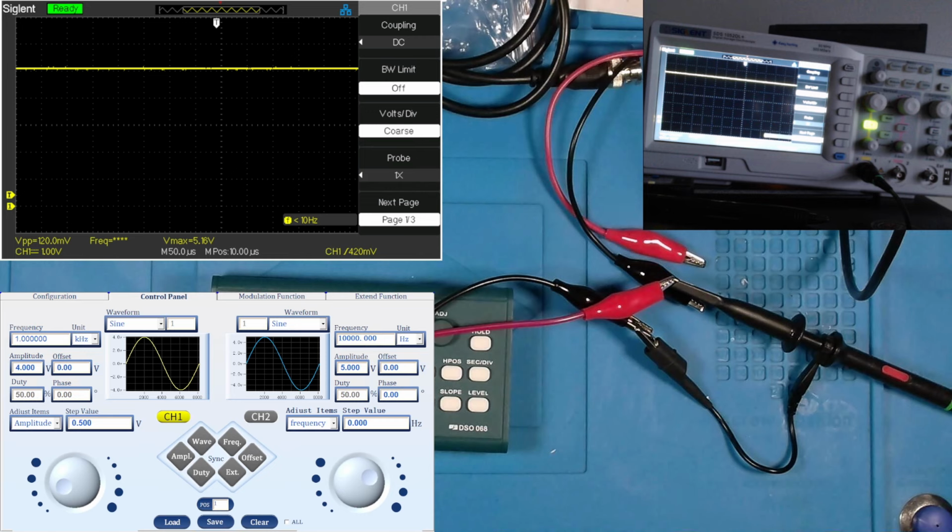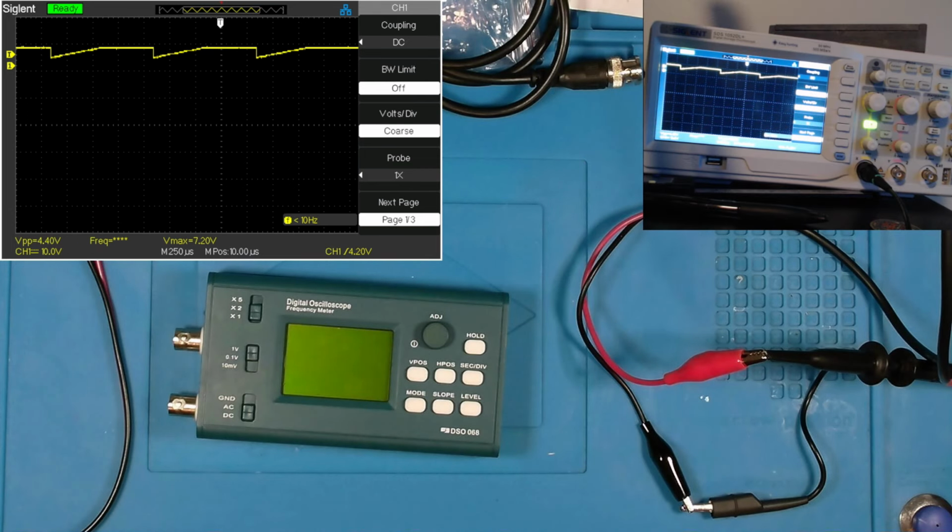Well, maybe we can demonstrate a dirty DC signal. If I had dirty DC, it could look something like what you see now on the display.